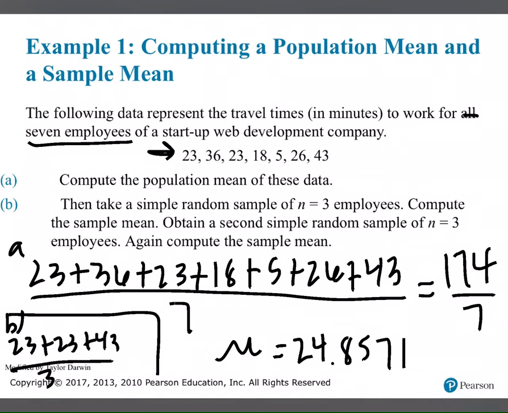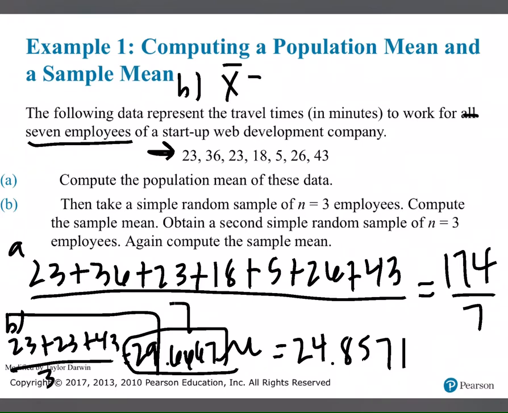I can use 23 twice if I randomly selected it because there are 2 commute times that represent 23. When you add all those up, you'll get 89 divided by 3. I get 29.6667. That would be an X bar because it is a sample mean.